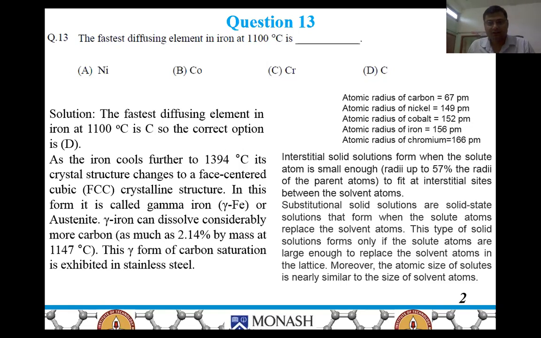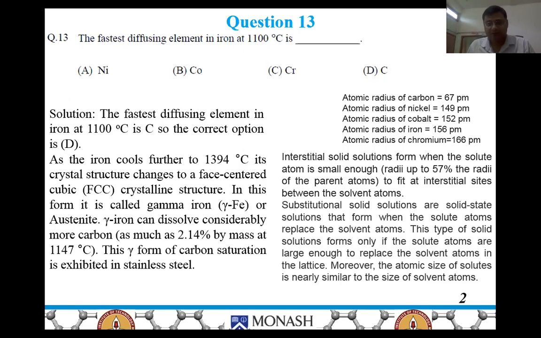Here, the radius of carbon is smaller than iron. Therefore, it will form an interstitial solid solution. So it will be diffusing very fast compared to other metals, because for nickel, cobalt, iron, and chromium, their atomic radii are similar.